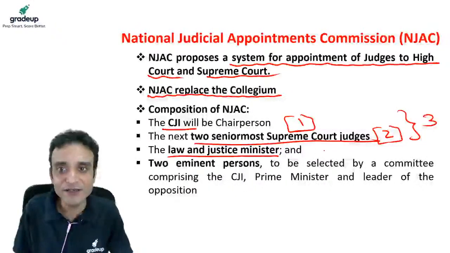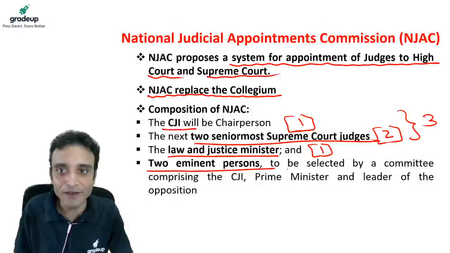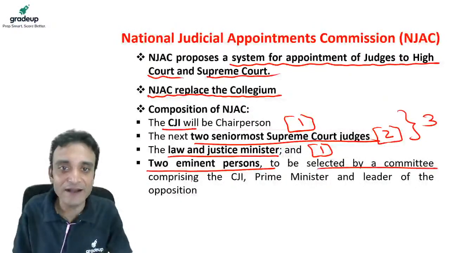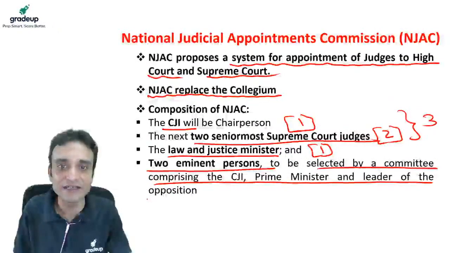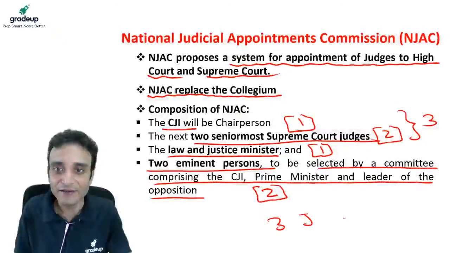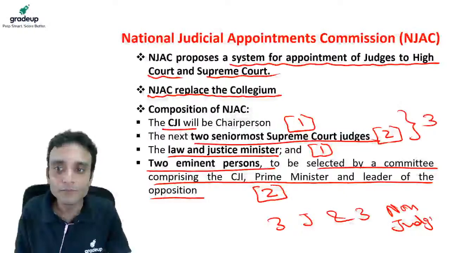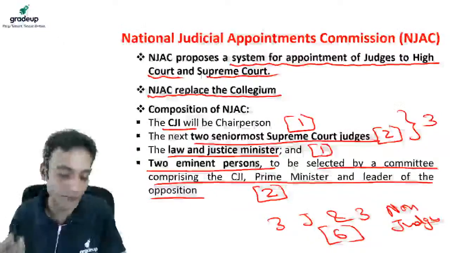The Law Minister of India and 2 eminent persons selected by a committee comprising of Chief Justice, Prime Minister and Leader of the Opposition. That is another 2 persons. So there will be 3 judges and 3 non-judges. 6 people will appoint the judges to the High Court and the Supreme Court.